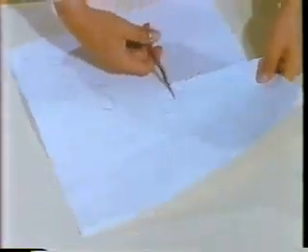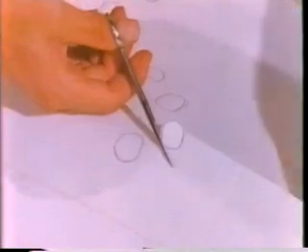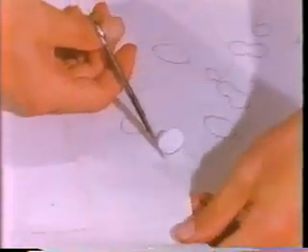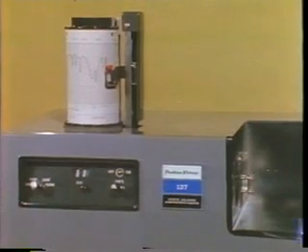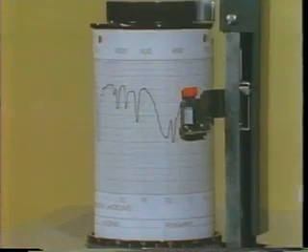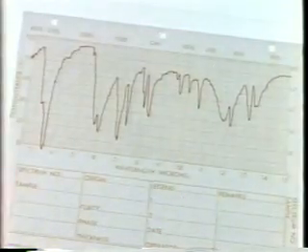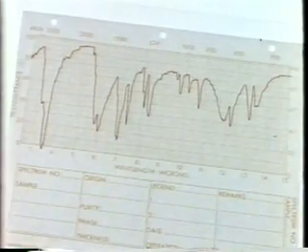We'll cut out one of these marked areas and dissolve the material from the paper with another solvent. Now we can analyze the dissolved material with an infrared spectrometer. A characteristic spectrum is produced by each component separated in the chromatography procedure.